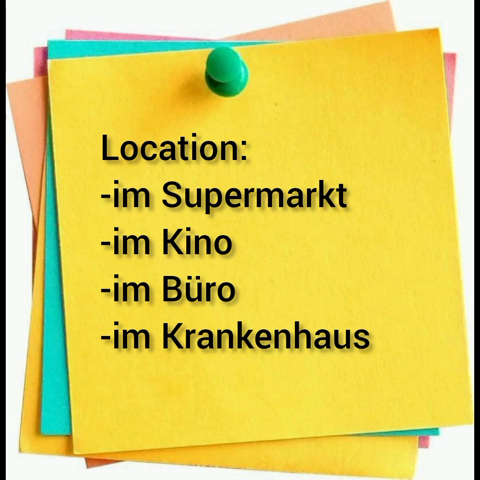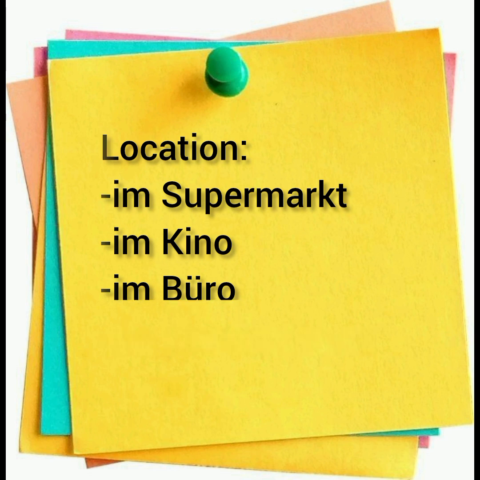Another example is im Kino. Ich bin im Kino, in the cinema. We also have im Büro, in the office. Im Krankenhaus. That is also another place we use im. I've used im in these examples because they're either masculine or neuter.